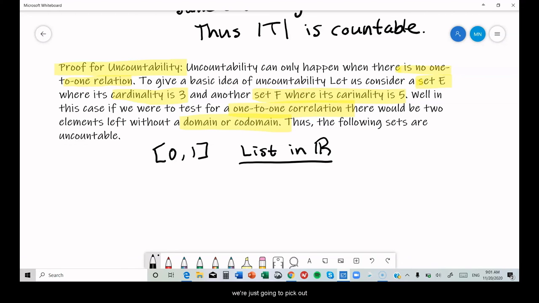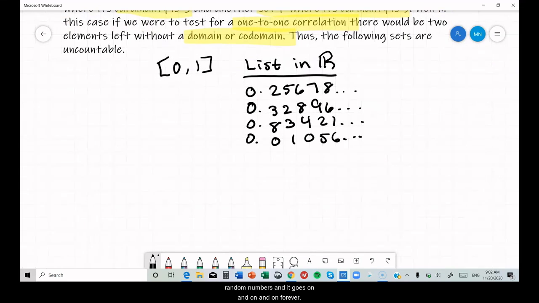Okay, so we're just going to pick out random numbers, and it goes on and on and on forever. Well, I bet I could find one number that is not in this list. So this is where the diagonal argument comes in.